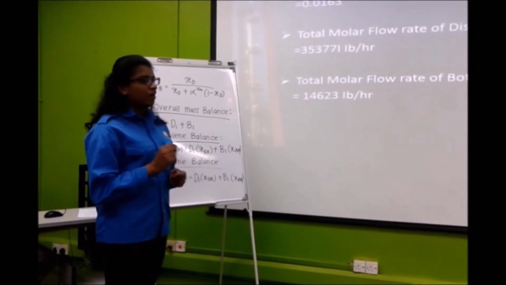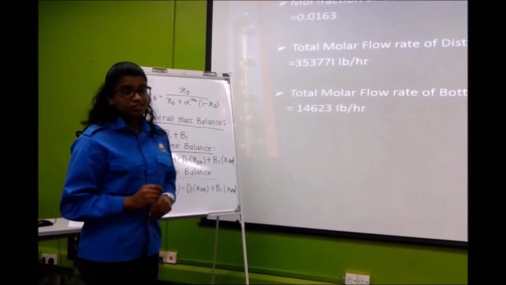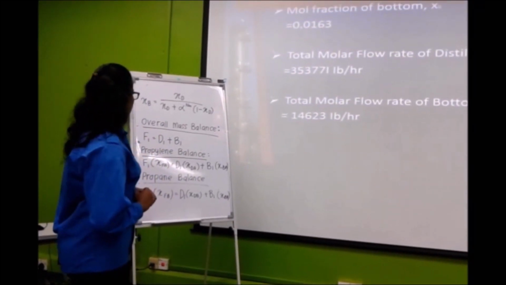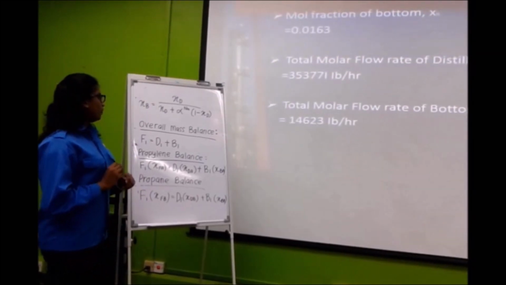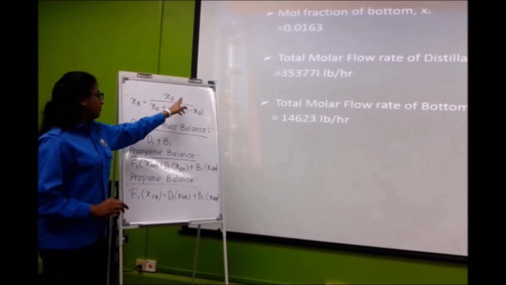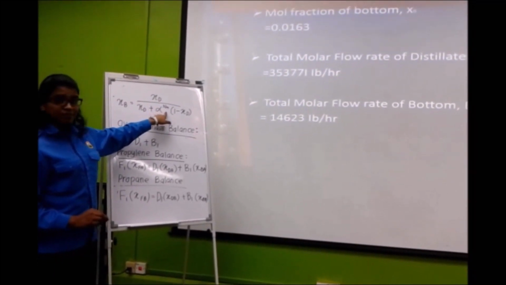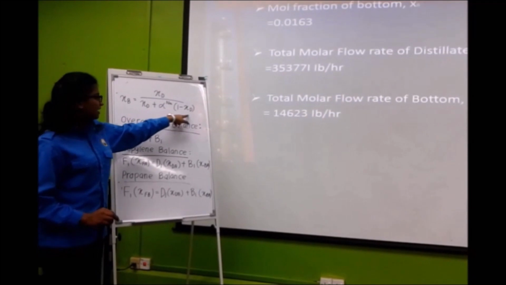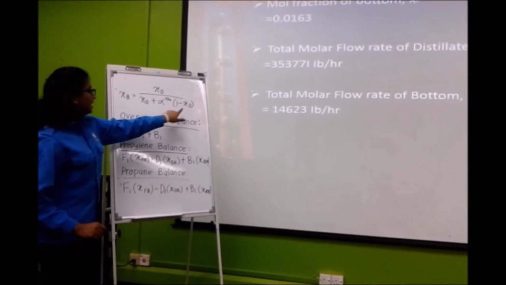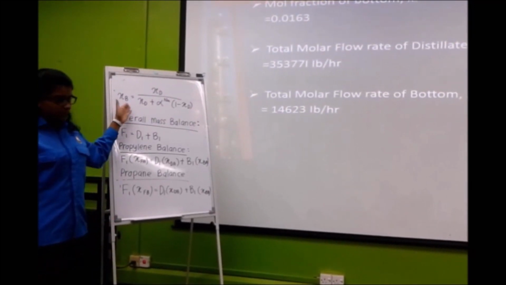Throughout the calculation, we have to find the Xd, the mole fraction. It is not given, so we have to calculate it ourselves. So the Xd we can obtain from this equation, given the relative volatility and the number of stages at minimum total reflux, and 1 minus X distillate. From this equation, we can find the Xb.